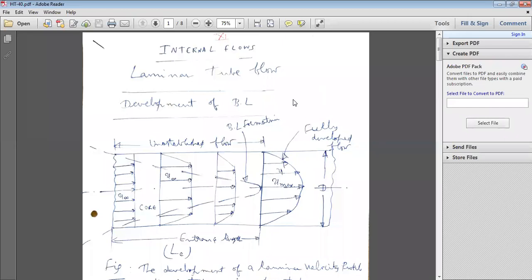Today we'll discuss internal flows, laminar flow inside a tube.